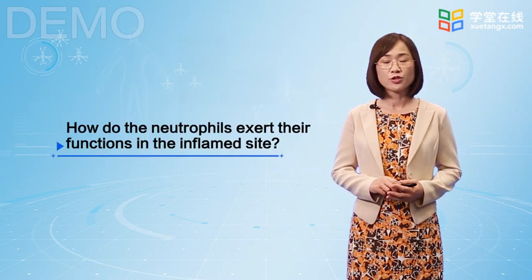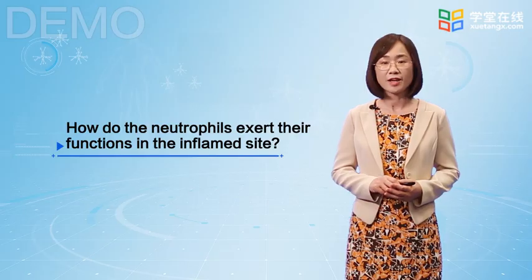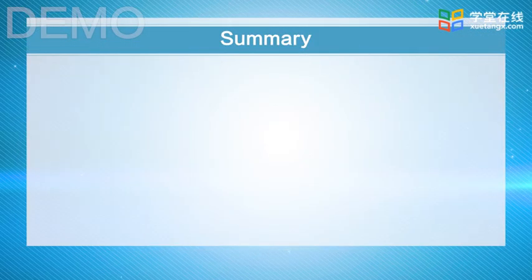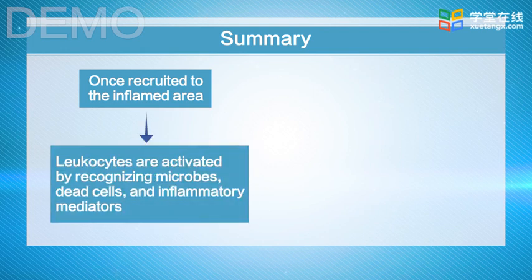Now, I think you should be able to answer the question, how do the neutrophils exert their functions in the inflamed site? Let's make a summary. Once recruited to the inflamed area, leukocytes are activated by recognizing microbes, dead cells, and inflammatory mediators.